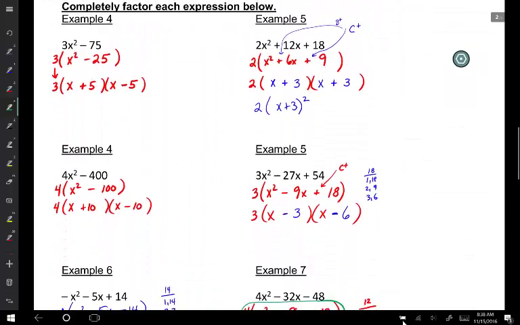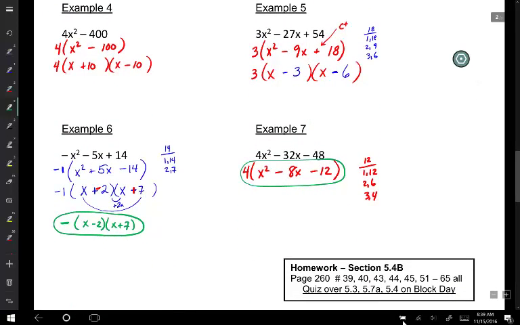And then understanding, look for a GCF first, and then start your factoring. Sometimes it'll be the difference of two squares, sometimes a perfect square trinomial, like this one was. Then sometimes it's going to factor, and sometimes it might, like example 7, just take out a GCF and go no further, even though it feels like it should go further.